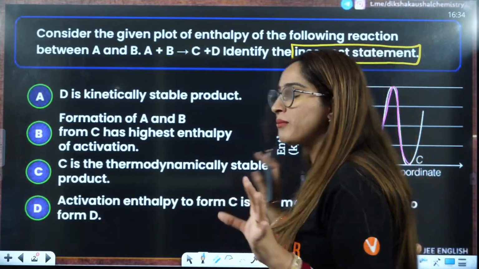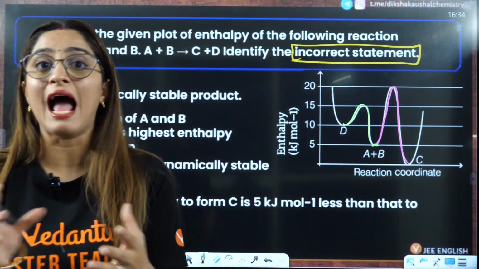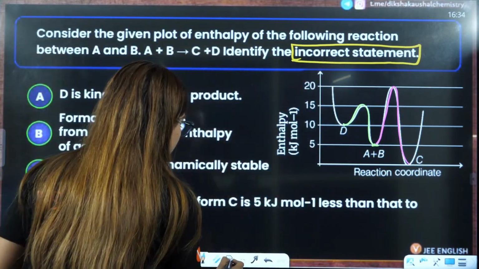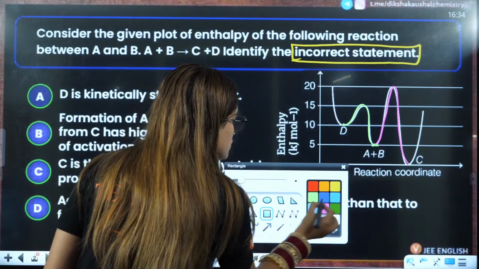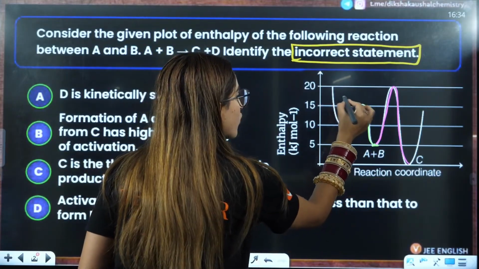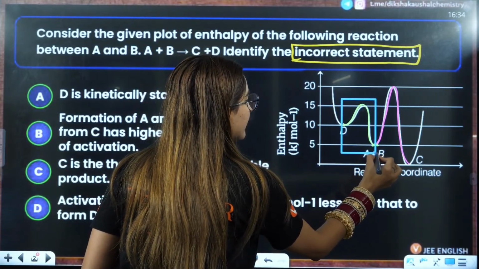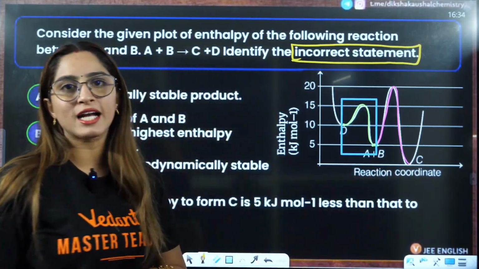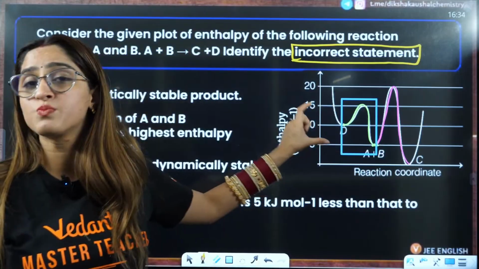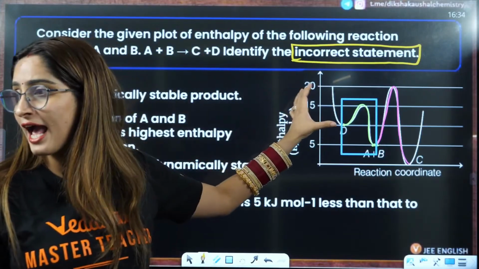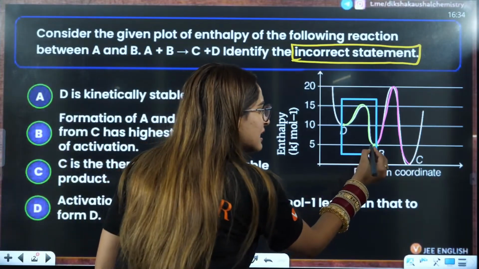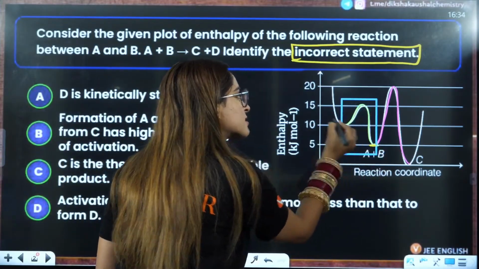Firstly, from this diagram, what is clear to me? The activation energy. Just ignore every other part and focus on this particular part, the section I have marked with this blue box. Here this is the reactant and this is the product.